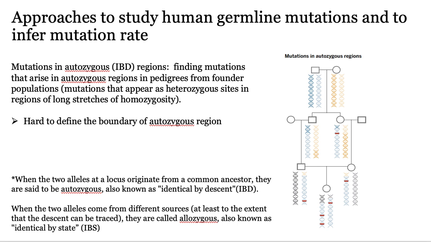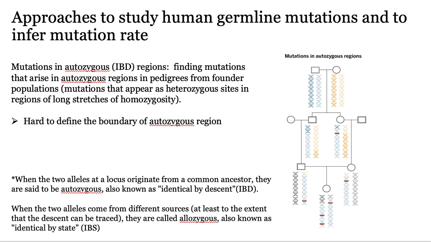We know that they are from the father, and this chromosome has dark blue and then light blue. So it is a result of recombination in the father, and this is also from a recombination in the father. But this whole light blue region, they are all from this chromosome.